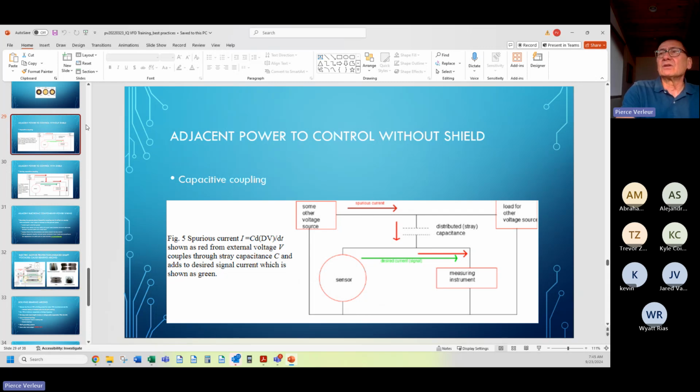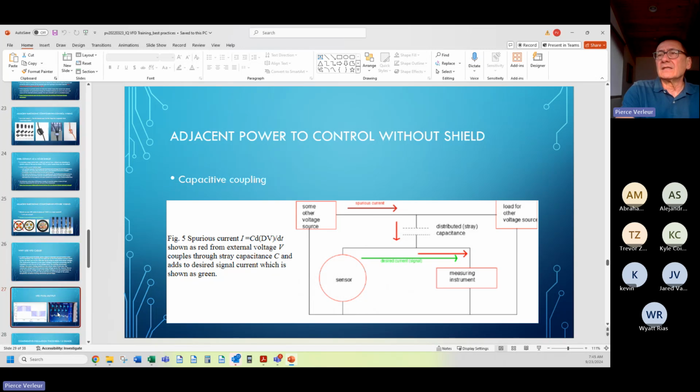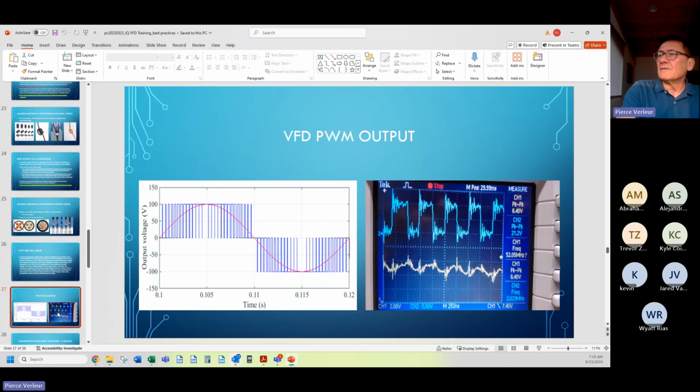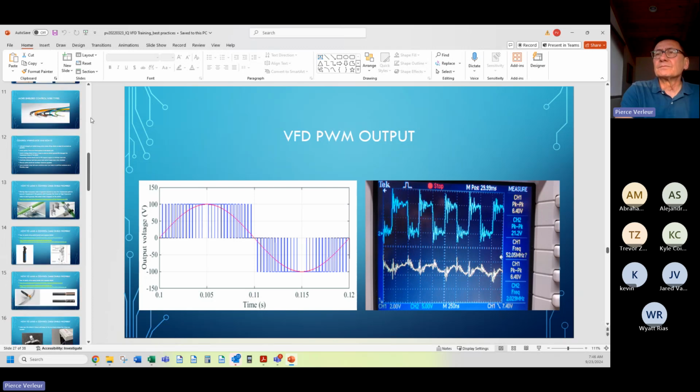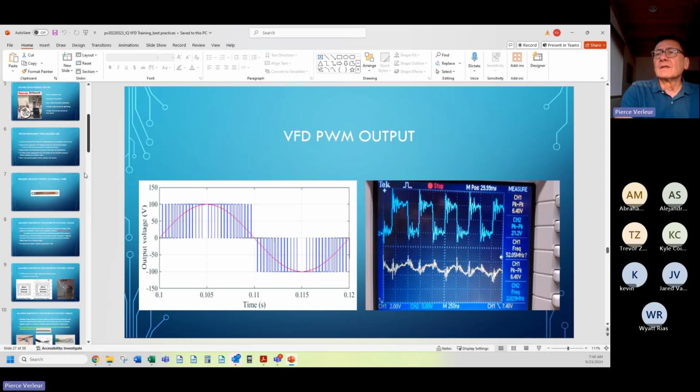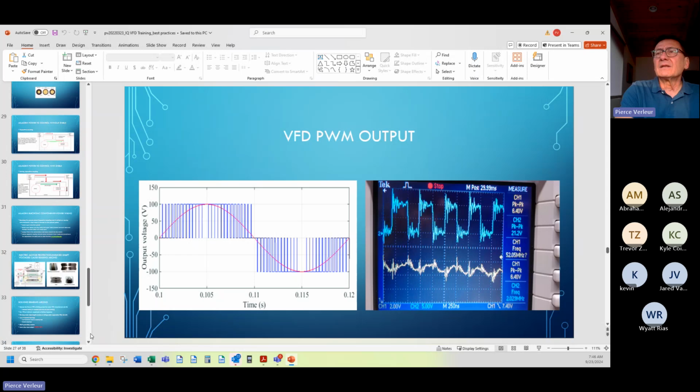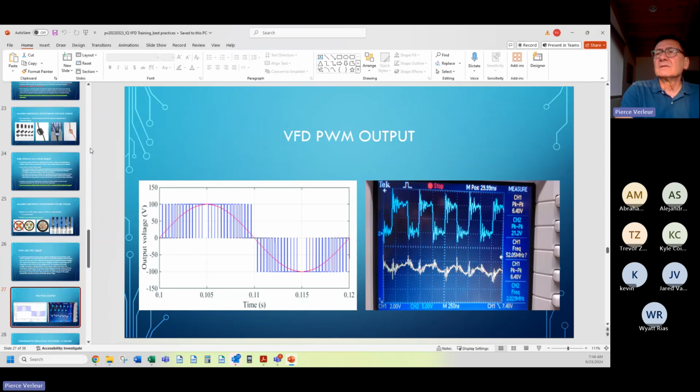That capacitive discharge looks like this on an oscilloscope. Sorry, that's not it. Where's my capacitive discharge picture? Sorry, I can't find that picture. Didn't I put that in this? At any rate, a capacitive discharge, let me do this.